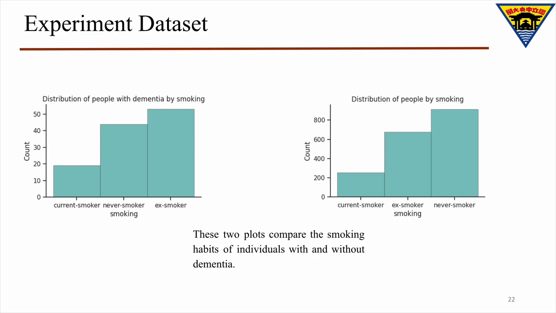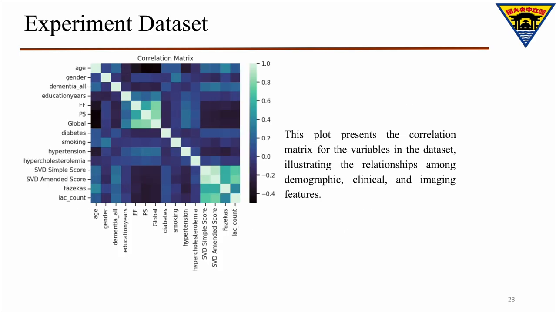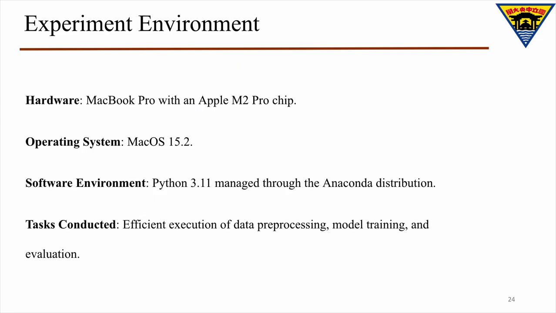In these two plots, we can find maybe ex-smokers have a higher dementia diagnosis than never smokers. And this is the correlation matrix of the variables in the dataset, and it shows the relationship among demographic, clinical, and imaging features.